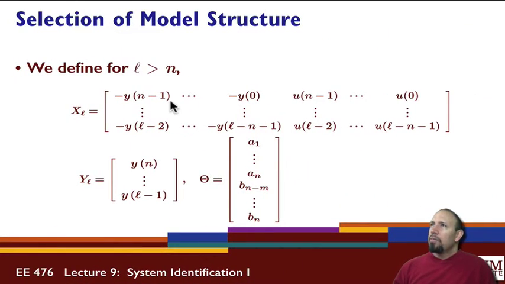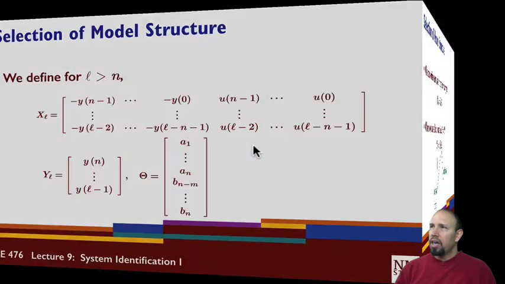Okay, so we're going to define L now. We're going to stack L minus n rows into this matrix. And so this is what we get when we stack the data into rows. This is the rows in X, this is the values in Y, and again, we still have our parameter vector that's unknown that we're going to try to solve for.